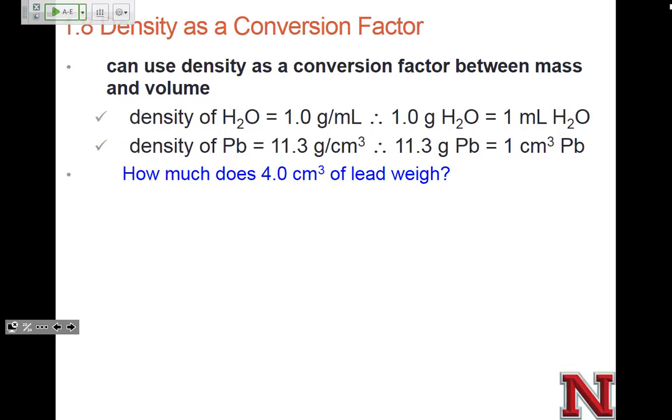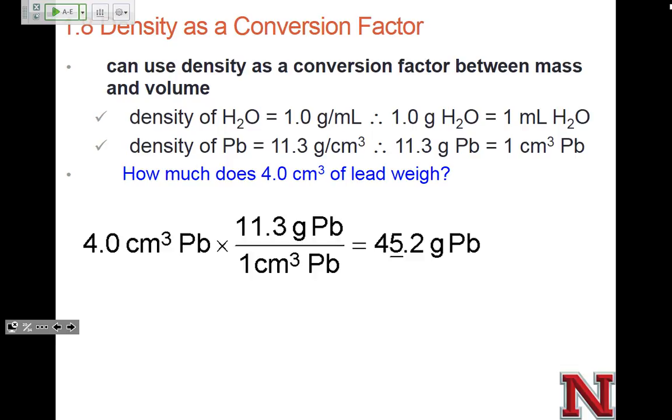So I can set up my relationship. I would have my centimeters cubed lead on the bottom. That can cancel out. And I have my 11.3 grams of lead on the top, because that's my relationship. Again, notice I am writing Pb, because I want to be clear that that's only the relationship for lead. That's not the relationship for anything else.